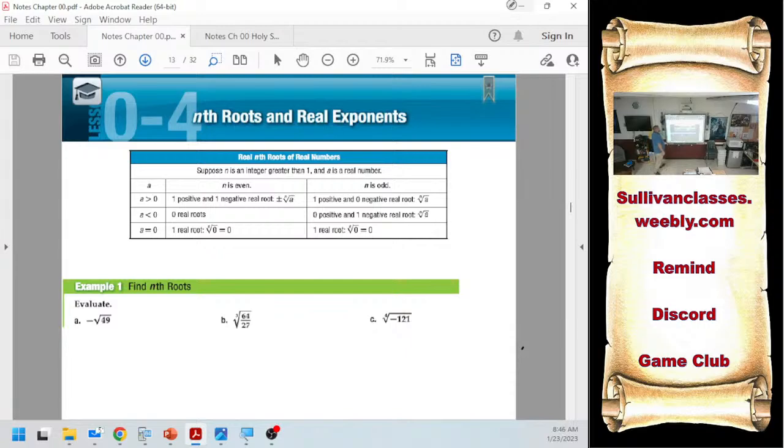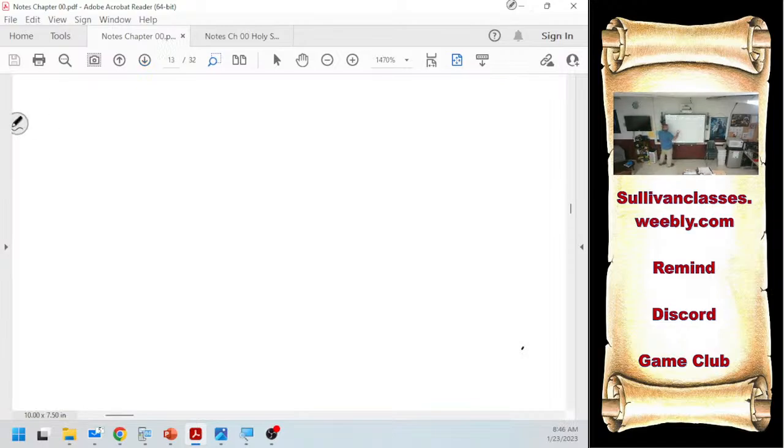Radicals. What is a radical? Maybe we incorrectly have been calling this the square root sign. Okay, this is the radical.